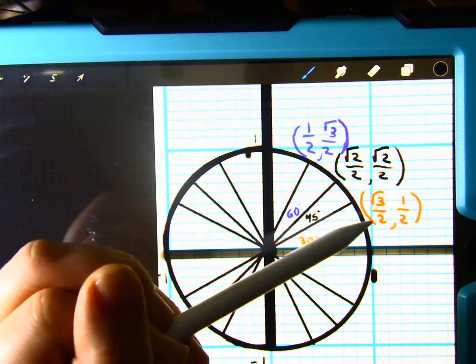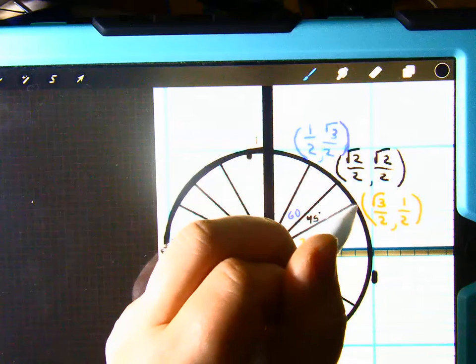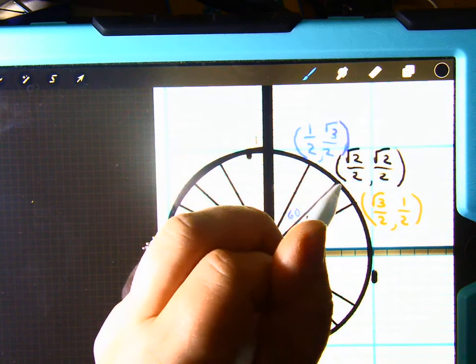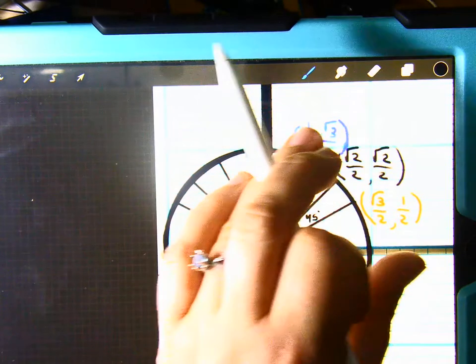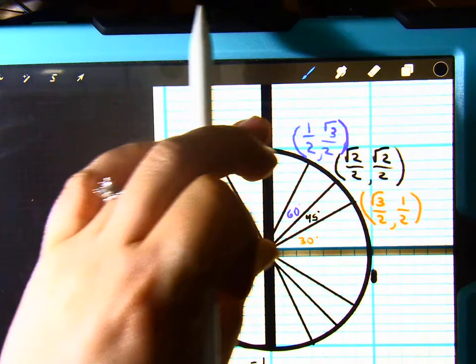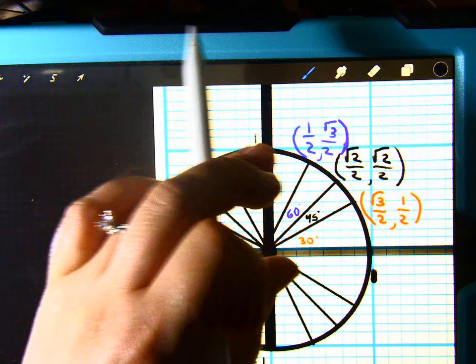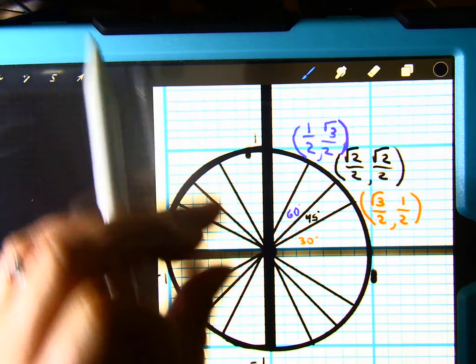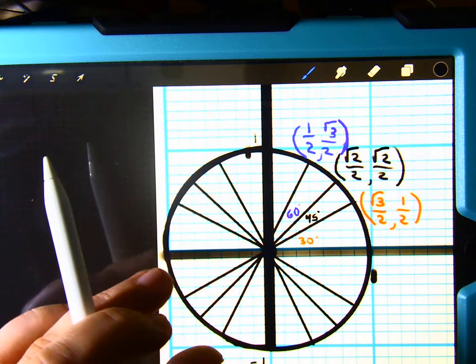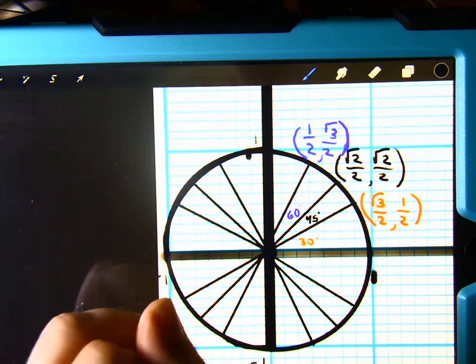Then these are the coordinates that you get for these points here along the actual circle itself. And then you just take those and you can reflect them across the y-axis, obviously making the x values negative, reflect them again, making both values negative.